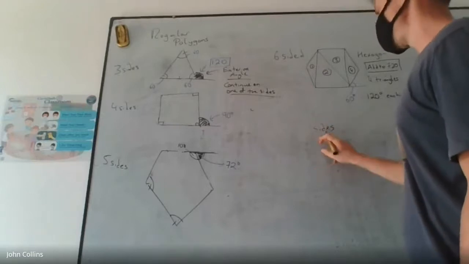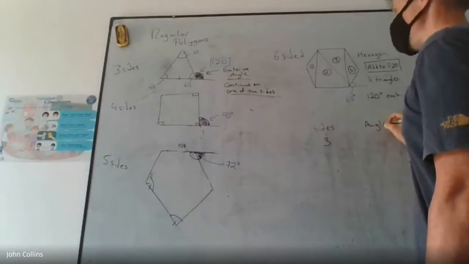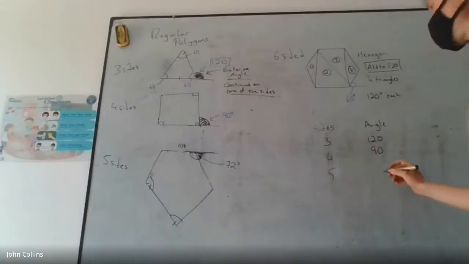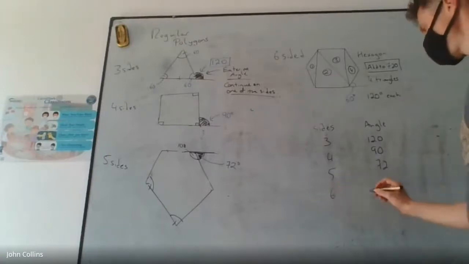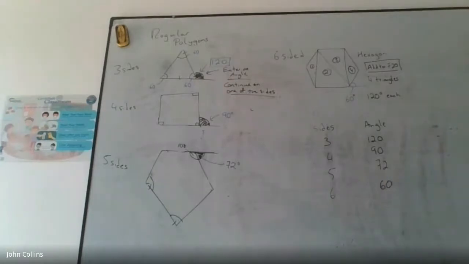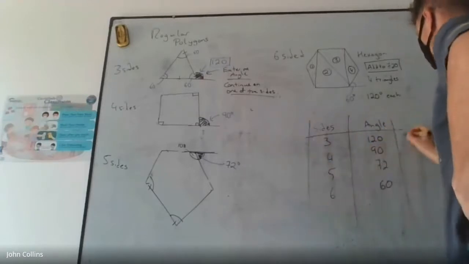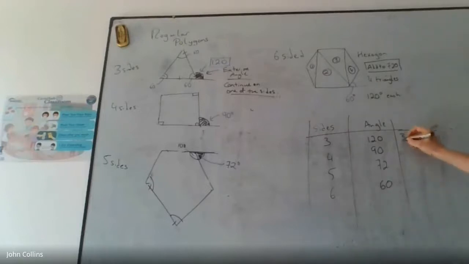If the shape has 3 sides, the angle was 120. 4 sides, the angle is 90. 5-sided shape, the angle was 72. 6-sided shape, the angle was 60. 360 divided by the number of sides gives us the exterior angle.